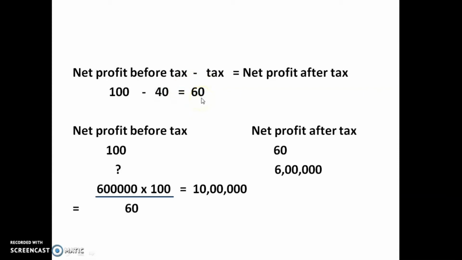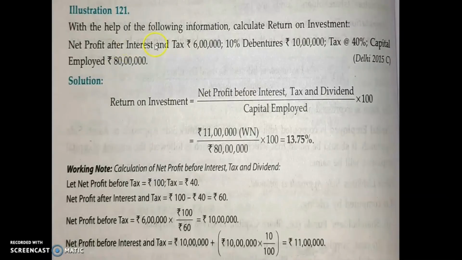It's 60. Okay. So if net profit before tax as per our assumption is 100 and you got net profit after tax as 60, then 6 lakh, from where did this 6 lakh come? It is given in the question that net profit after interest and tax is 6 lakh.